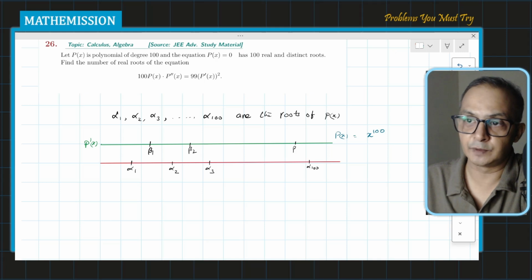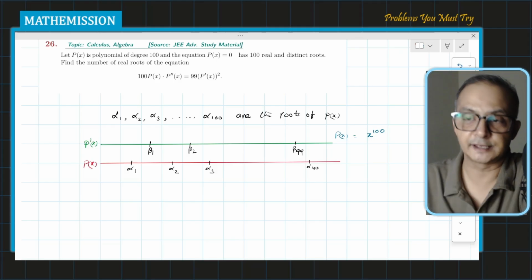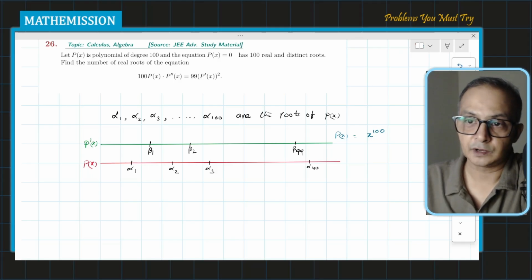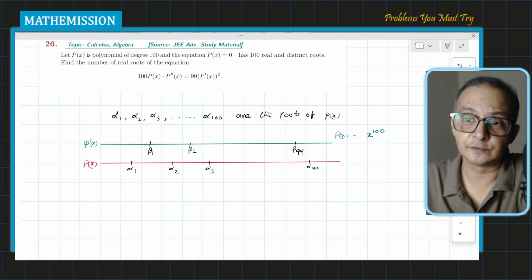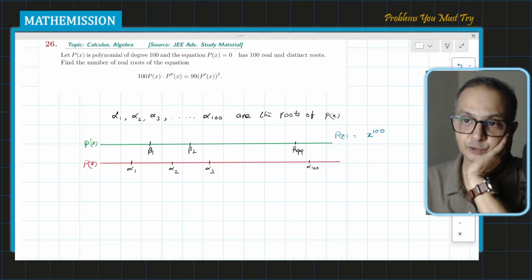This is going to be beta 99, because if p(x) has 100 roots, p dash x will have 99 roots, and the first root of p dash x will lie between alpha 1 and alpha 2, then the second root will lie between alpha 2 and alpha 3, and so on.